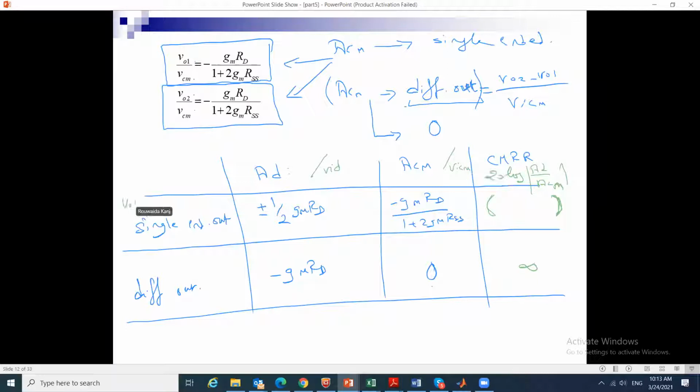Here it is VO1 or VO2 over Vn, meaning VID or VICM, and here it is the difference, and they reserve the right to take the difference in any direction where Vn is Vid or Vn equals Vicm. So be comfortable with those expressions: differential gain with single-ended, differential gain with differential output, common mode gain with single-ended, or common mode gain with differential output. Anybody has any questions?